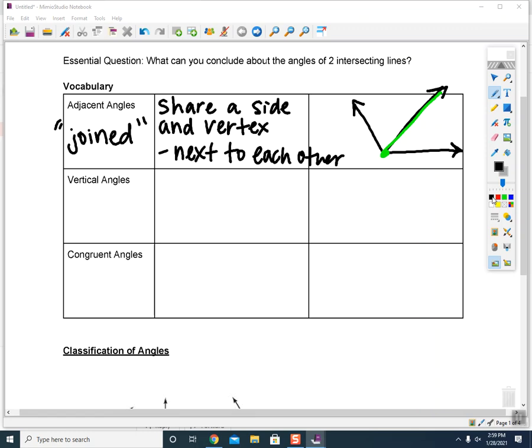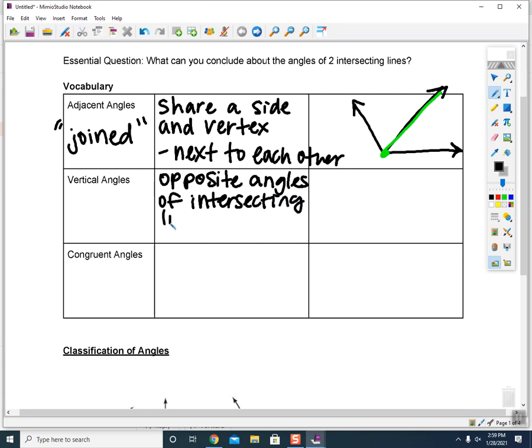I also have vertical angles. So vertical angles are opposite angles of intersecting lines. And I'm going to write this word congruent, and we're going to talk about it. So if I want to talk about vertical angles, they're opposite angles.